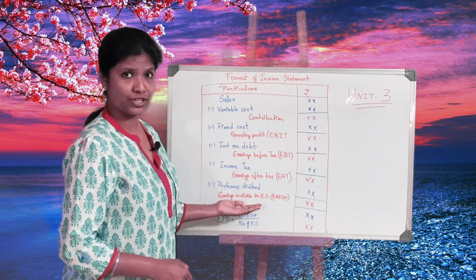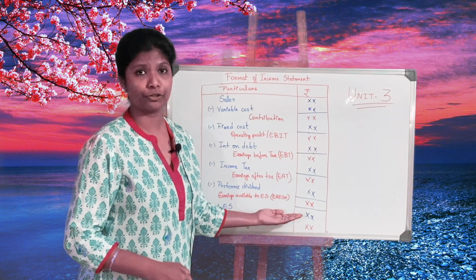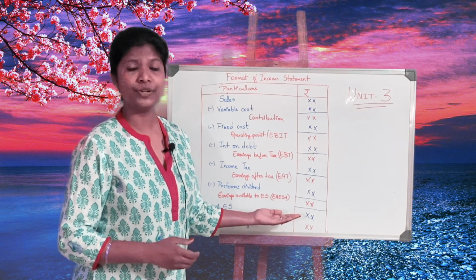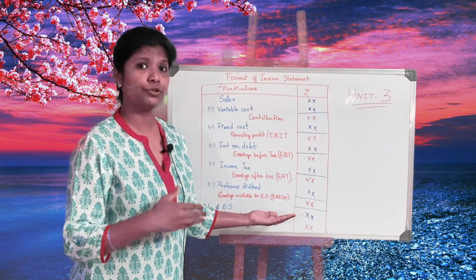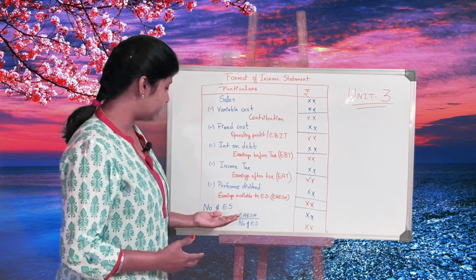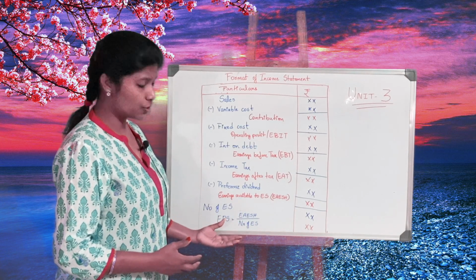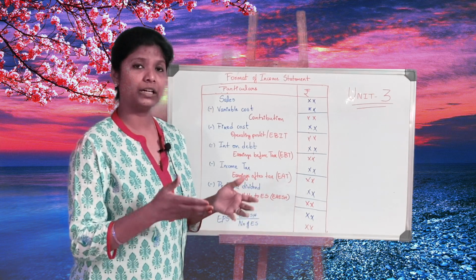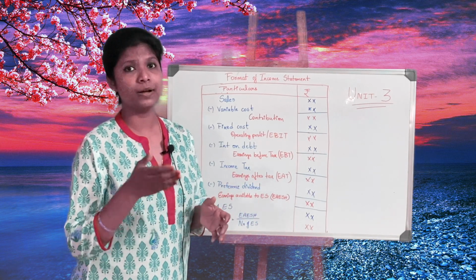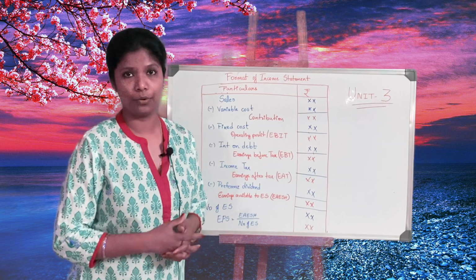Then you deduct preference dividend. The final thing you come across is earnings available to equity shareholders. It's a lump sum amount. If you want to know per head how much is available, divide by the number of equity shares, which is called earnings per share, EPS. Then you arrive at earnings or dividend available per equity shareholder.